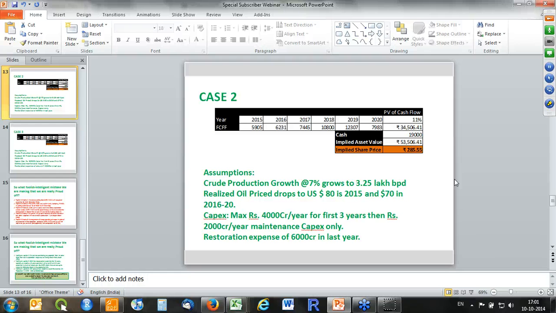So in Cairn India it is a mixed bag. It keeps on exploring in its South African block, where crude prices going south is positive for it, but on its Rajasthan block, if it does not get an extension, then that part is a bit of a negative. However, as far as valuation is concerned, at 280, I believe much of the worst case possible in Cairn has already been factored in.